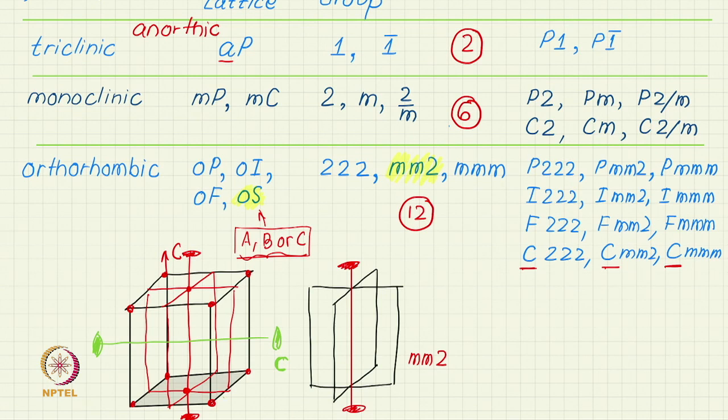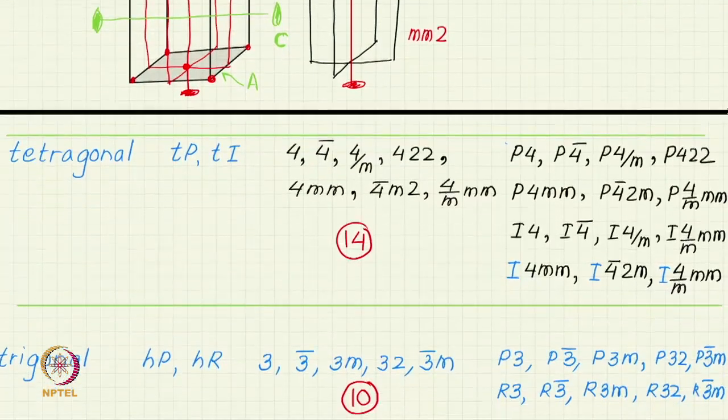So, this will be called in that case an A face. So, the centering is now A centered, A MM2. So, we generate a new space group because of this different orientation, A MM2. So, this is one of the 7 missing ones.